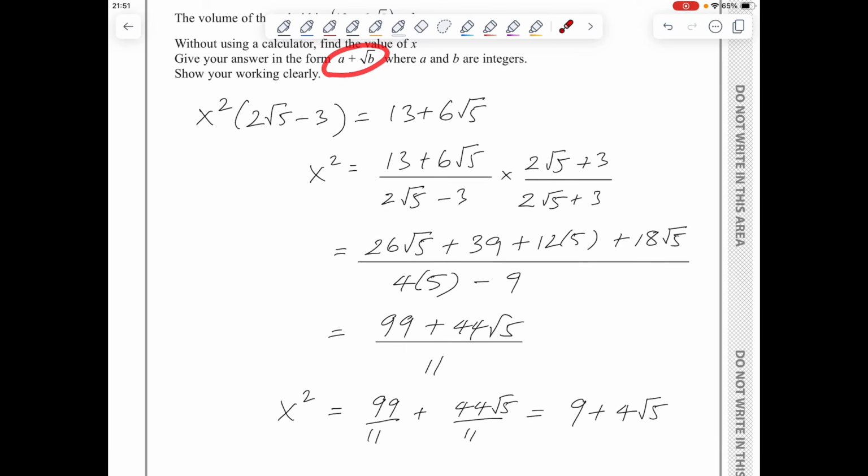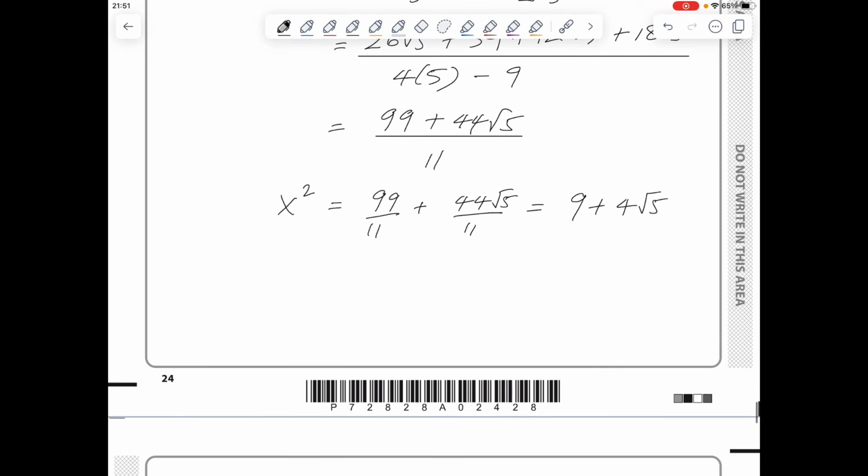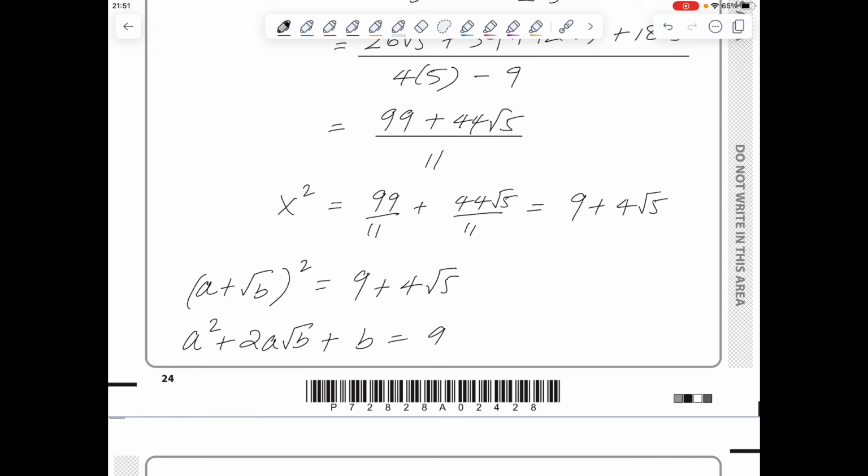So this is my x, so I'm going to replace x with a plus square root of b, squared, equal to 9 plus 4 square root of 5, and now I'm going to expand the left-hand side, which will give me a squared plus 2 times the product of a and square root of b plus square root of b squared, which is just b. Again, this is 9 plus 4 square root of 5.